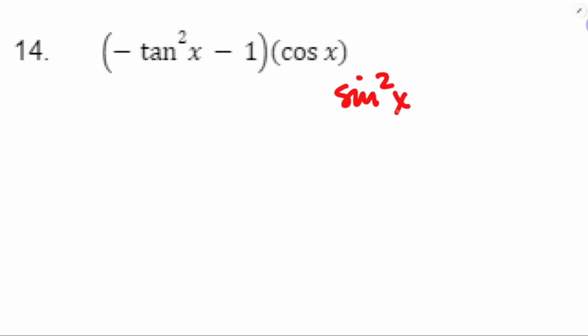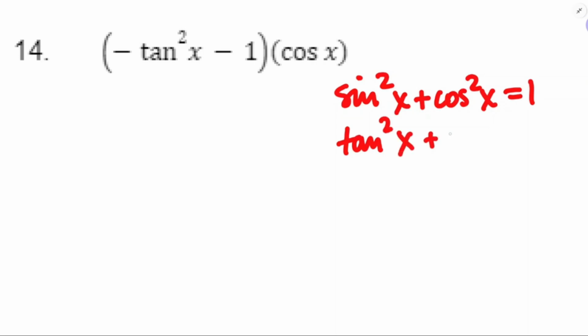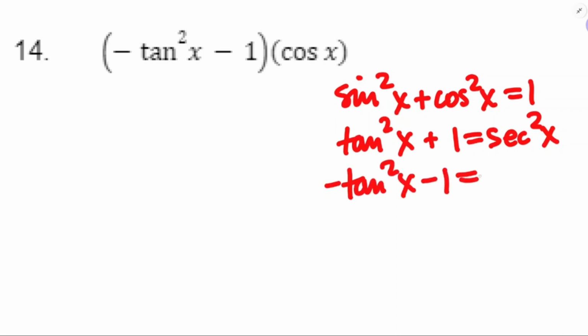So sine squared x plus cosine squared x equals 1. I've got a tangent squared, so I'm going to divide both sides by cosine squared. Tangent squared x plus 1 equals secant squared x. Right, well, I could just multiply both sides of this equation by negative 1. Negative tangent squared x minus 1, that'll just be negative secant squared x.